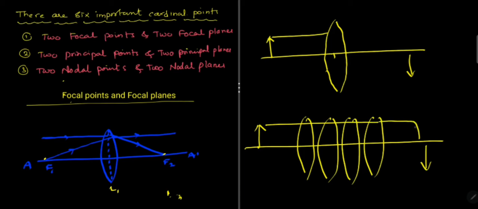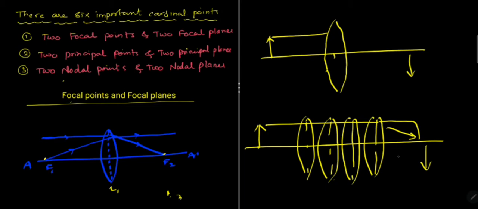For finding all these we have to find those parameters for each lens, what refraction takes place, and then finally we get the refraction from the final surface. So it is very difficult to find all these parameters.